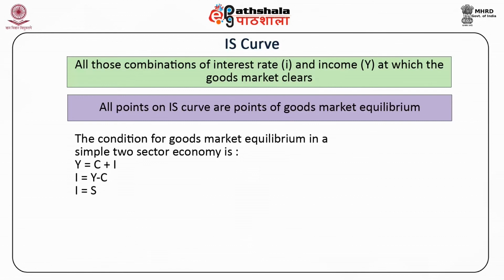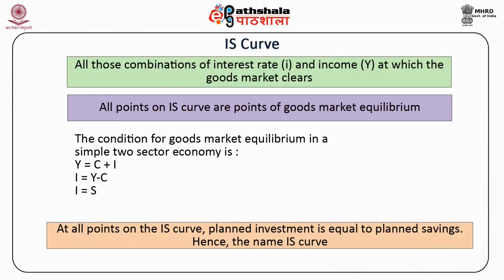The condition for goods market equilibrium in a simple two-sector economy is Y = C + I, so I = Y - C, and hence I = S. Thus, at all points on the IS curve, planned investment is equal to planned savings, hence the name IS curve.